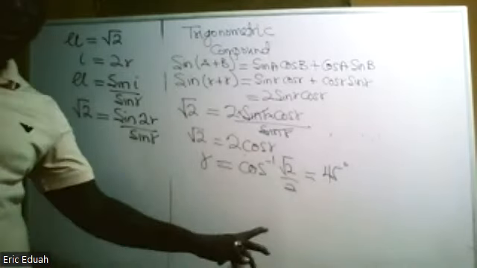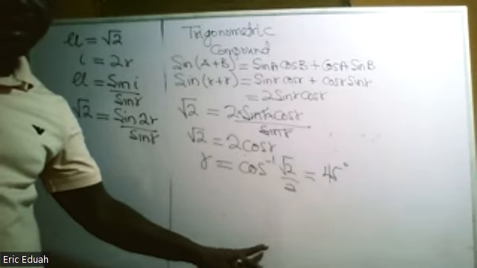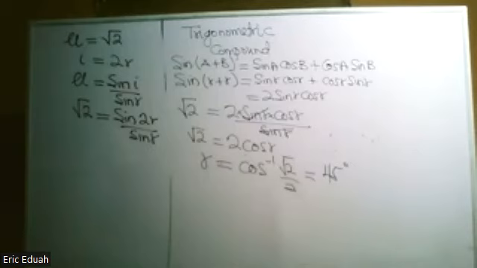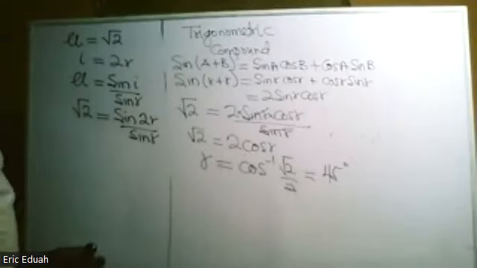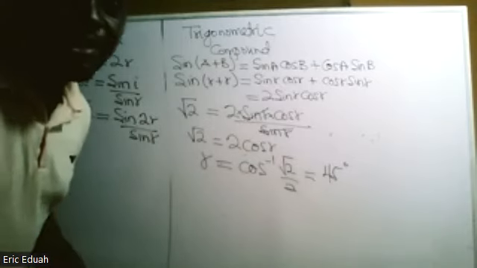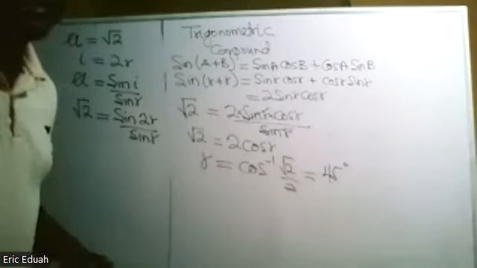Please, are we okay with the answer? Then the question demands that we find the angle of the prism. Don't forget, the question told you that there is minimum deviation.